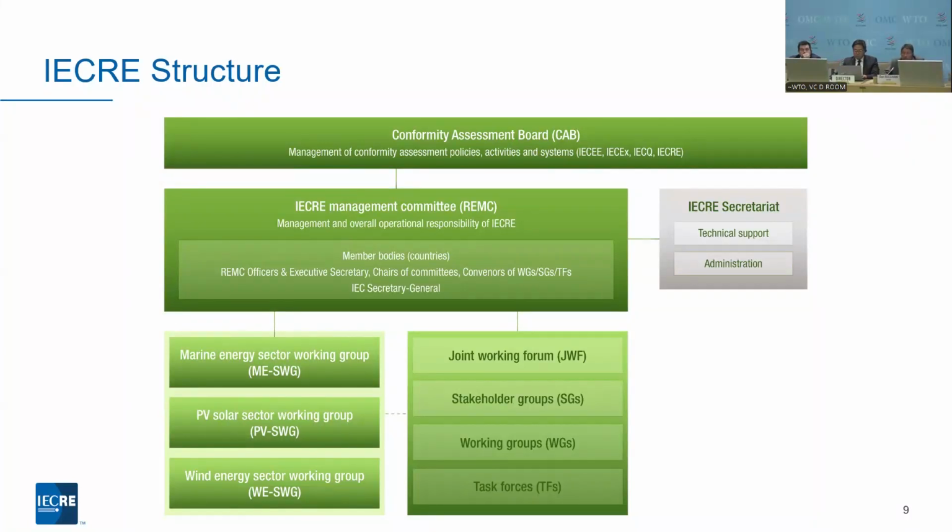So they are the member bodies, or the national bodies, for the IECRE. And then you can see we have our 3 different sectors on the left-hand side. We have the wind, we have the PV, and we have the marine. And then on the right-hand side, you can see where we have our stakeholder groups, where they feed back information into the management committee. And as I mentioned earlier, the IECRE Secretariat is not the one issuing the certifications. So we're off to the side. We have a support, administrative, and oversight function of the IECRE.